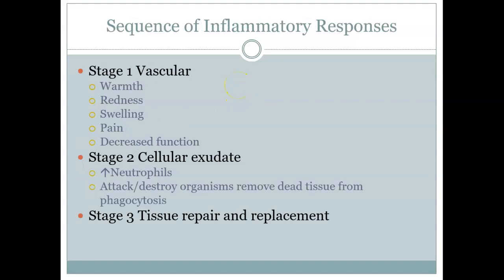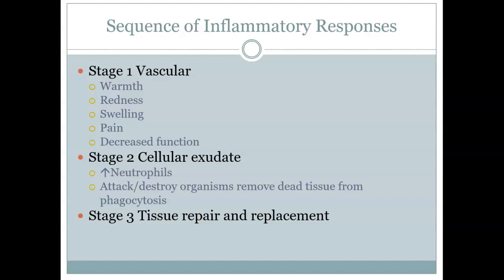Okay, yeah, here it is, the sequence of inflammatory response. I thought it might be coming up. So stage 1 is the vascular stage, and just think to yourself, anytime you've had inflammation, like let's say I've been working out lately, and my knees, I'm having a hard time, and I think that maybe I pushed a little too hard last week, and I've had some inflammation in my right knee, and I can tell that.